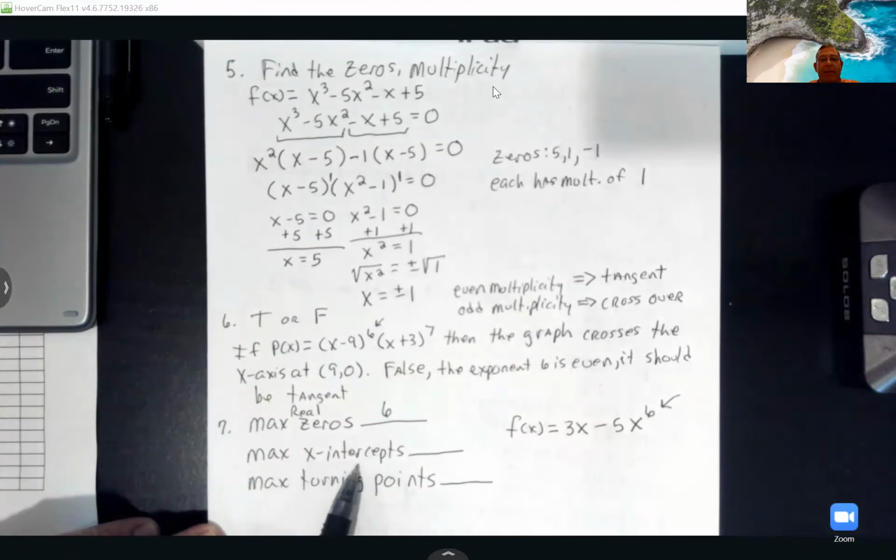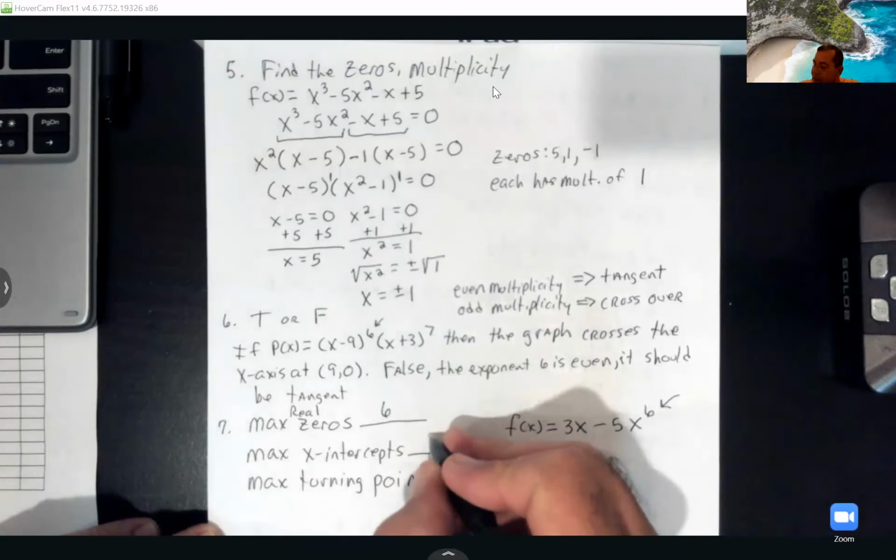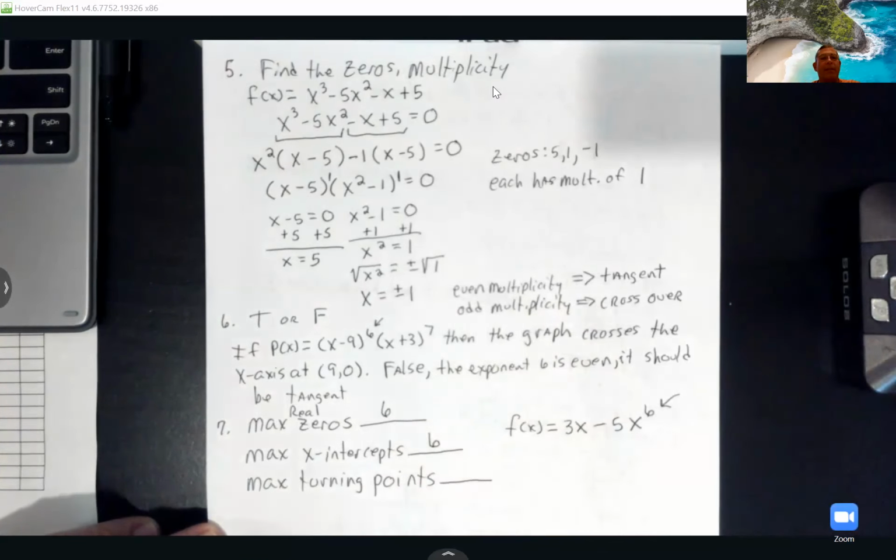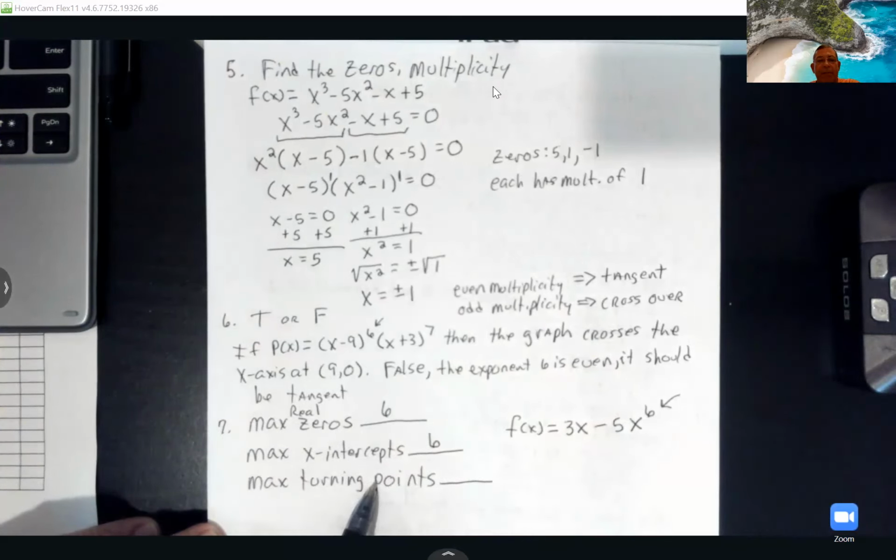Well, the maximum x-intercepts, well, remember, x-intercepts are pretty much the same thing as zeros, okay? So since they're pretty much the same thing, that means for max x-intercepts, I will also have 6. So the one that's going to be different is the maximum turning points.